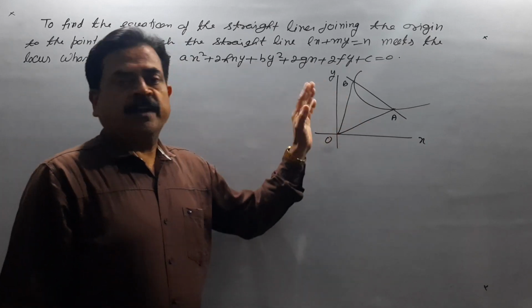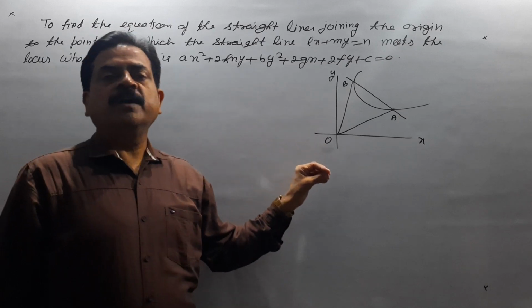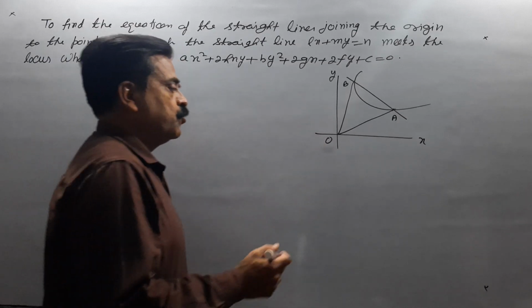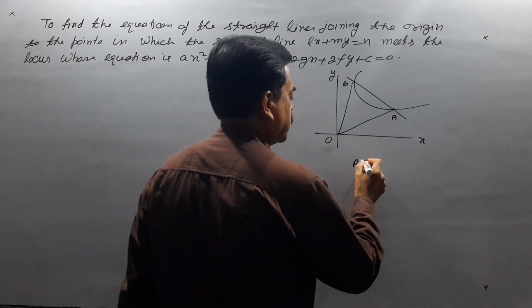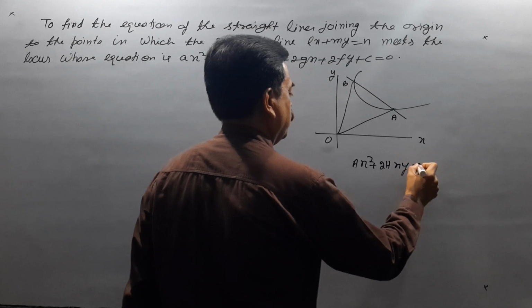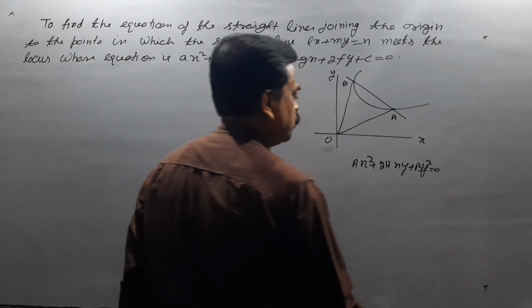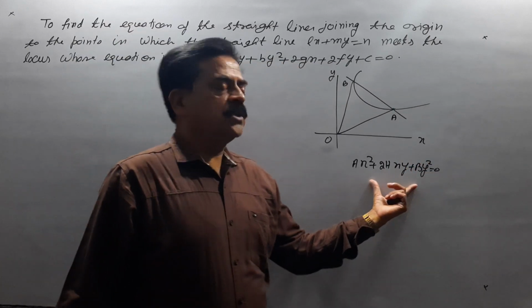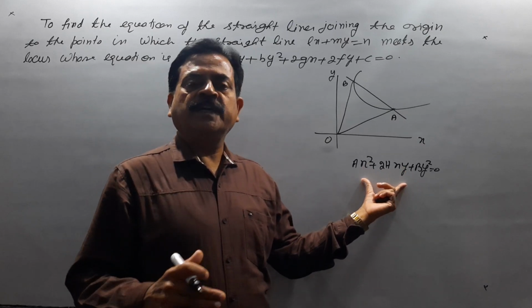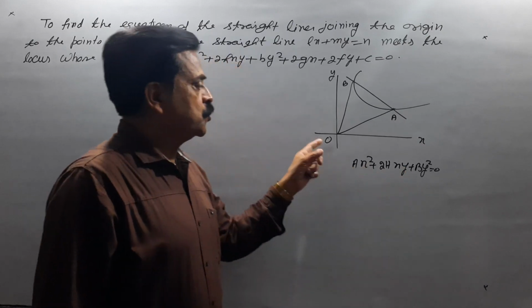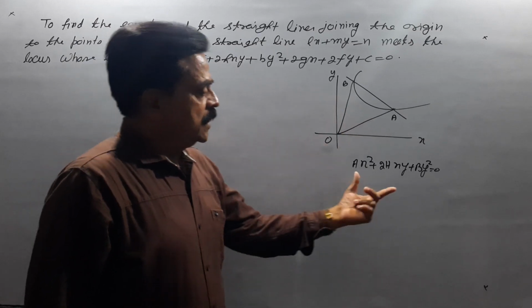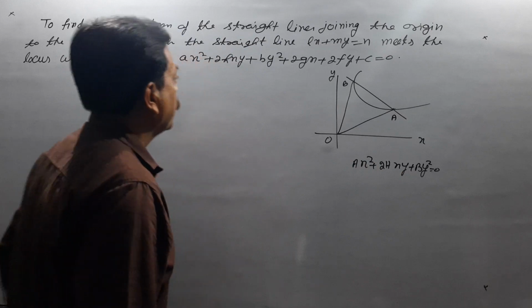And this kind of lines is represented by a homogeneous equation of second degree, like this: ax square plus 2hxy plus by square equals to 0. This equation is known as a homogeneous equation of second degree and always represents a pair of straight lines which passes through the origin. So OA and OB are passing through the origin. We have to find this kind of equation.